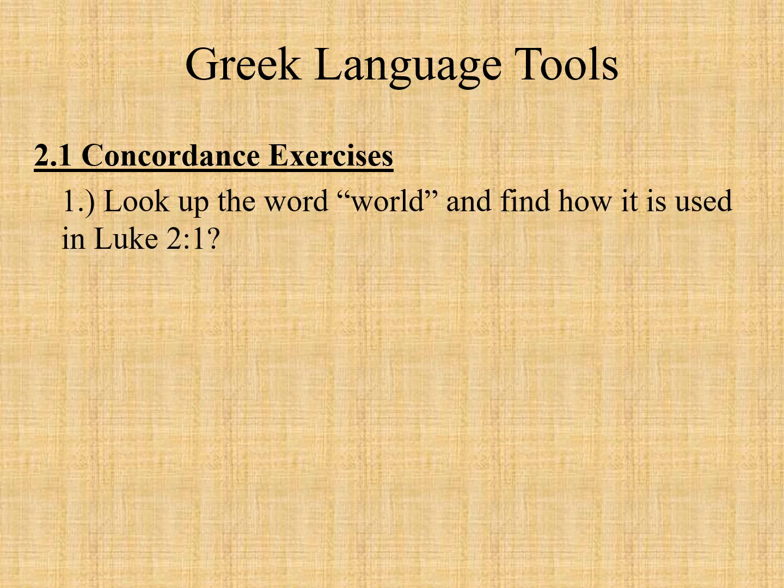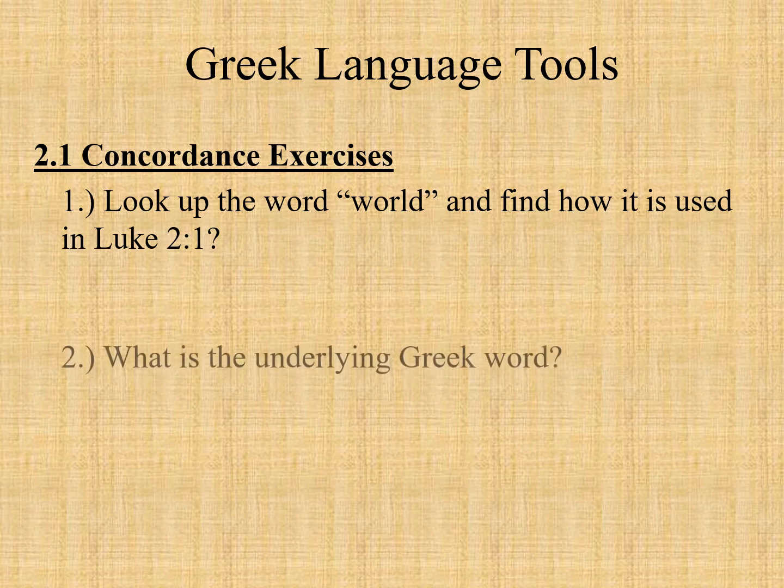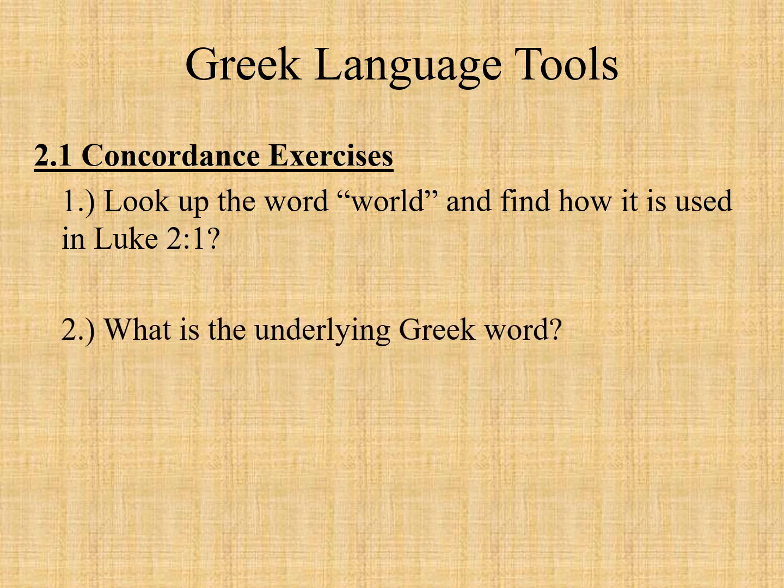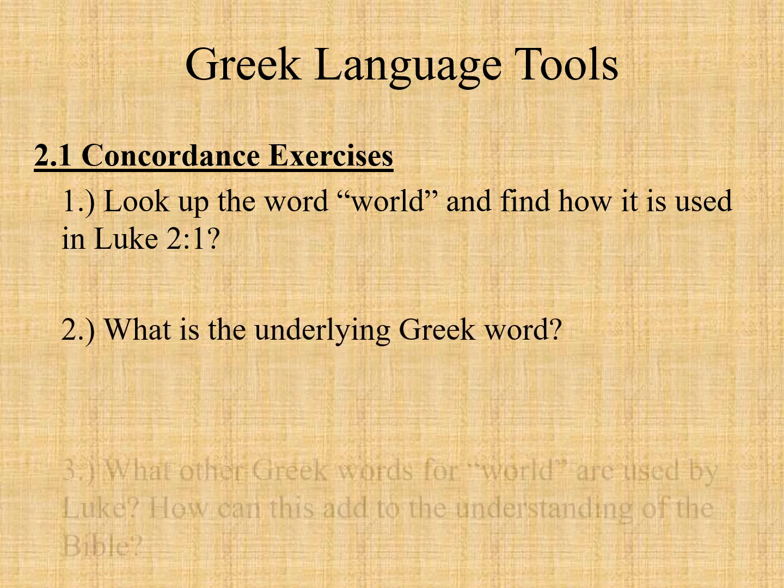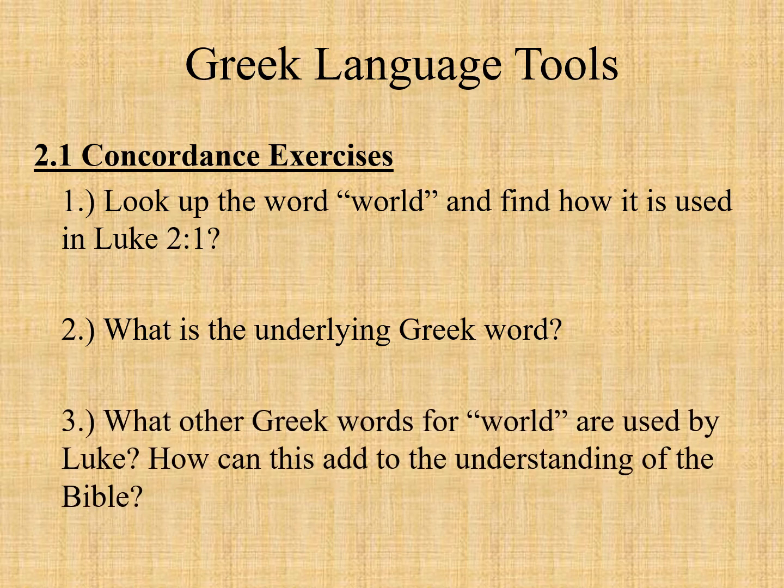So for example, look up the word world and find how it is used in Luke chapter 2, verse 1. Find out what the underlying Greek word is, and also what other Greek words for world are used by Luke. How can all of this information add to your understanding of the passage and the Bible as a whole?